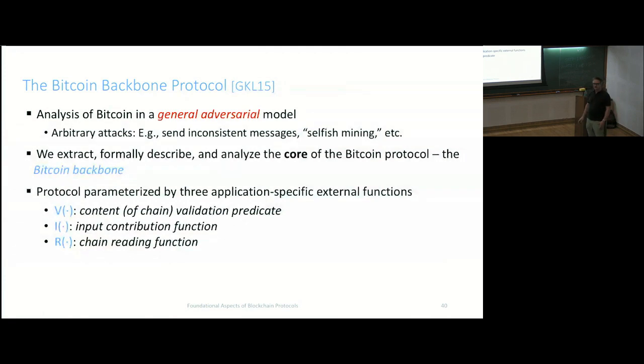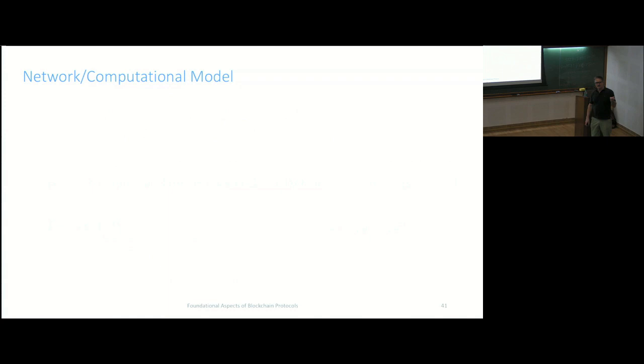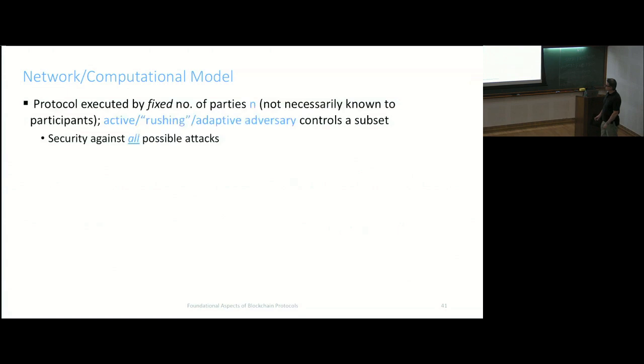If you specify this, you can specify a bunch of applications, in particular, a robust transaction ledger. This way we distinguish the data structure, the blockchain part, and the properties it satisfies from the application layer. For this analysis, we need some sort of network computational model, which we draw from cryptographic protocols, secure multi-party computation. And as I mentioned, in this part we're going to start by looking at a fixed number of parties.